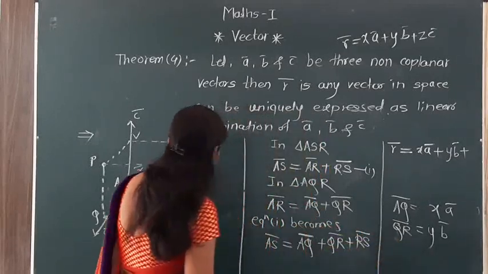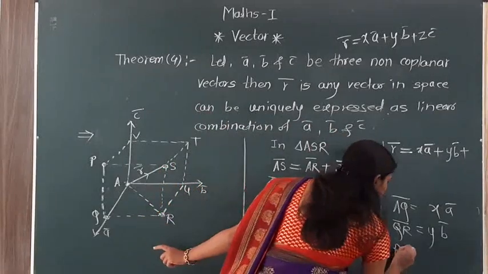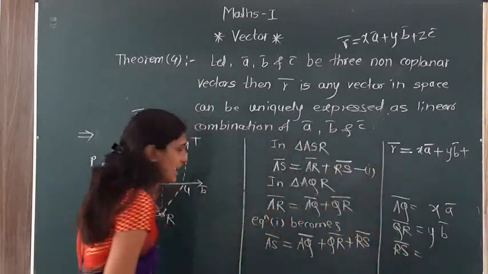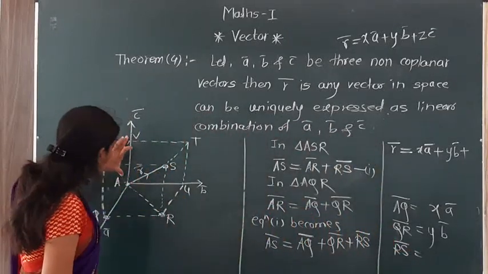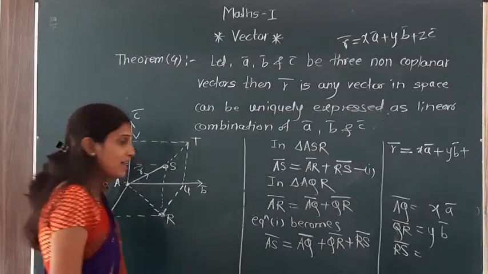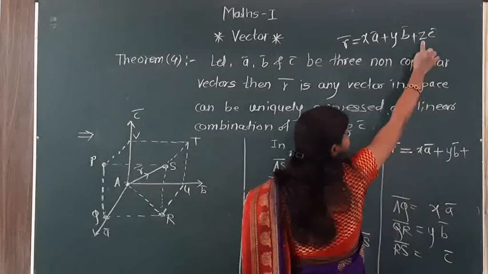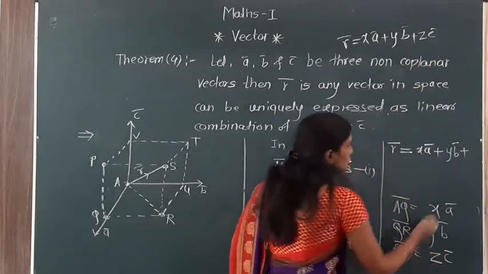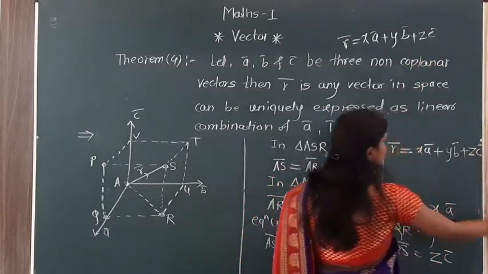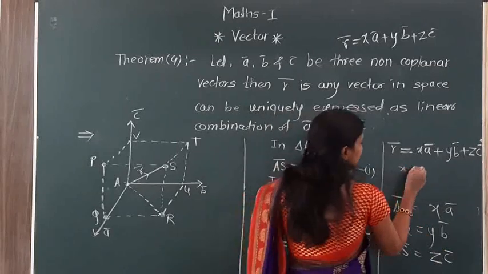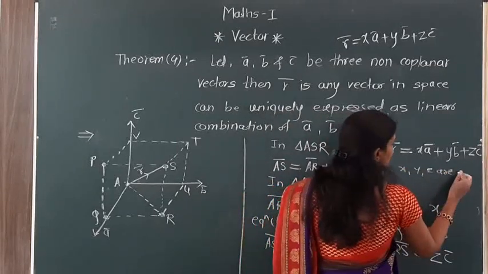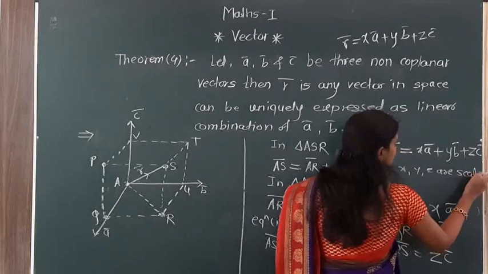So RS bar is equal to scalar into C bar. And what is the scalar? Z. So here, plus z C bar. Here x, y, z are scalars.